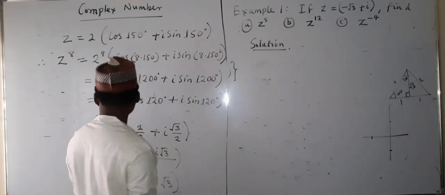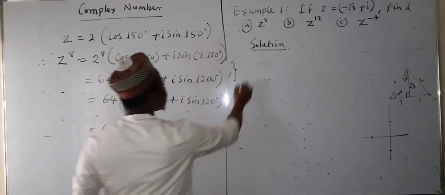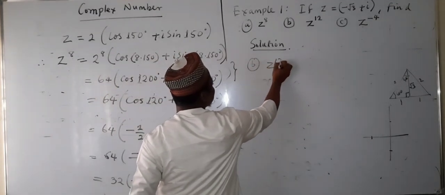So here, this is the final answer for z to the power of 8. Now, the B part, z to the power of 12.